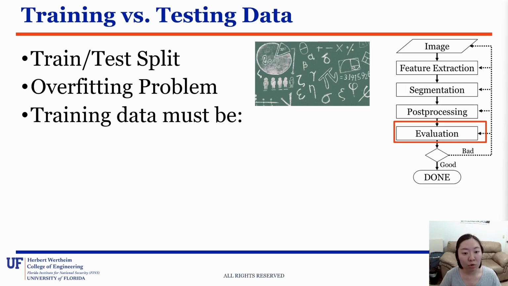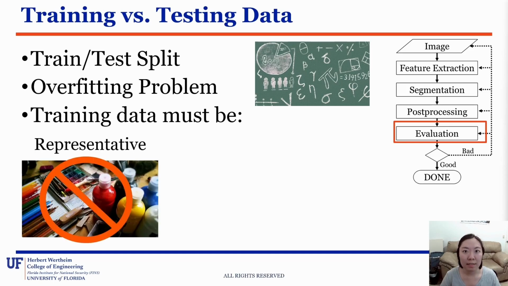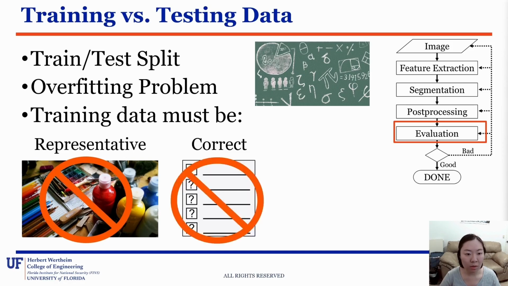To ensure our model generalizes well, training data must have the following traits. It needs to be representative, so in the context of the math exam mentioned before, this means that the students or the machine learning models need access to a math book instead of, let's say, an art book to prepare. Training data also needs to be correct.